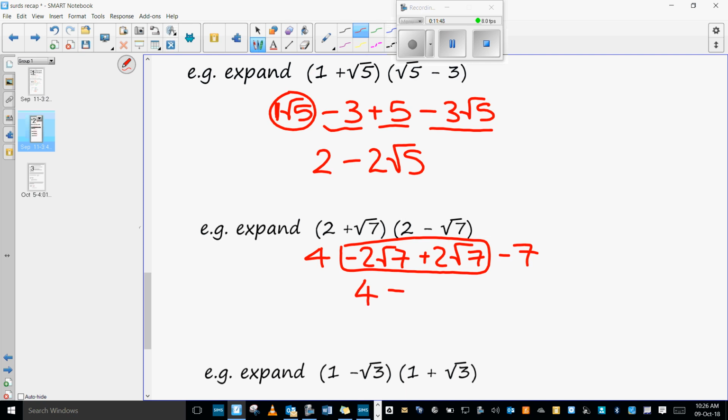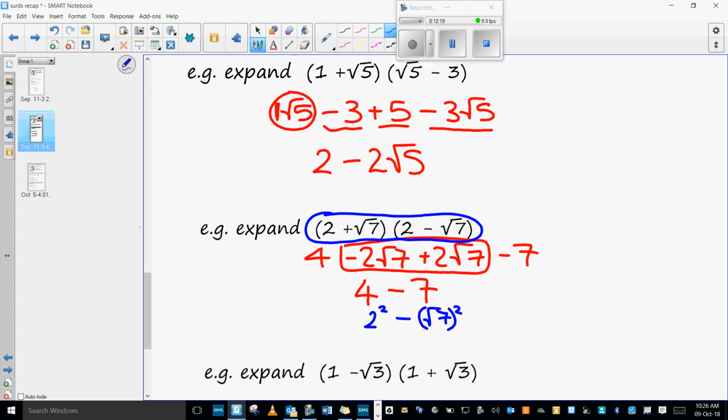Now I know we can obviously simplify that, but I want to draw your attention to something here. Did anyone look at this and say, oh, I know what this is going to end up as? Yes, because this here is 2 squared, and this is root 7 squared, isn't it? And we're subtracting them.